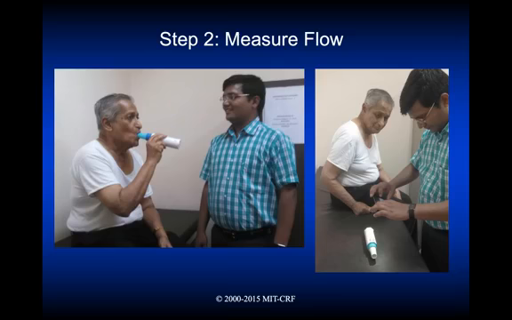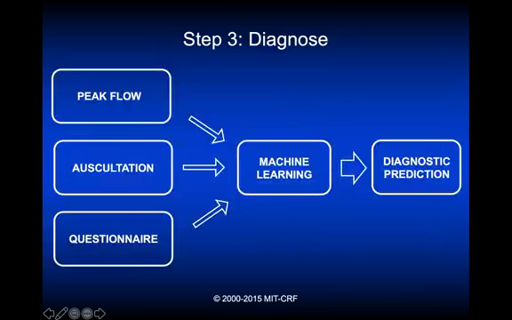The second tool is this peak flow meter. The peak flow meter is a very simple tool. Unlike a spirometer, it is much easier to use. You just blow it one time, and then the mobile is used to capture the reading from the peak flow meter. And then we also have the questionnaire.